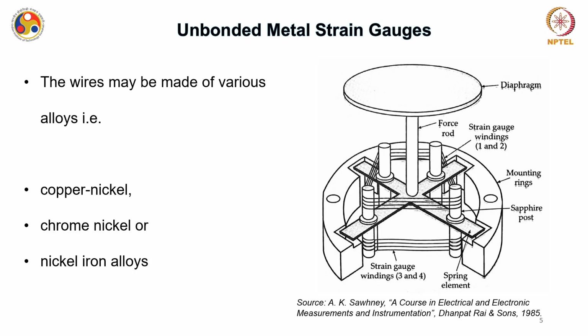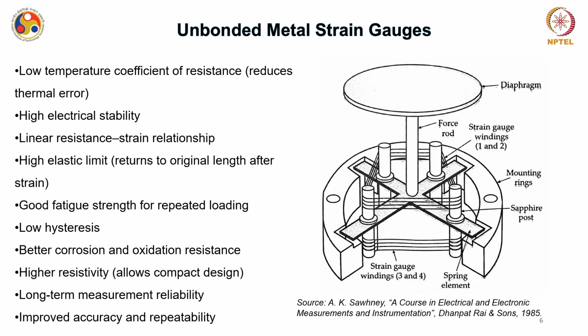Mostly these 3 forms of alloys are preferred for unbonded metal strain gauges, and this is because of various reasons. The first is a low temperature coefficient of resistance for these wires. This will ensure reduced thermal errors associated with the heating of these wires.